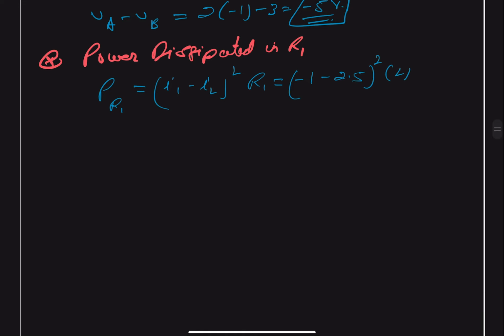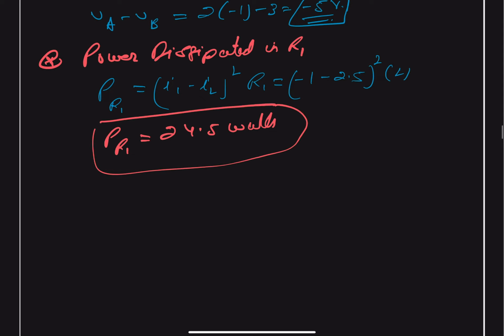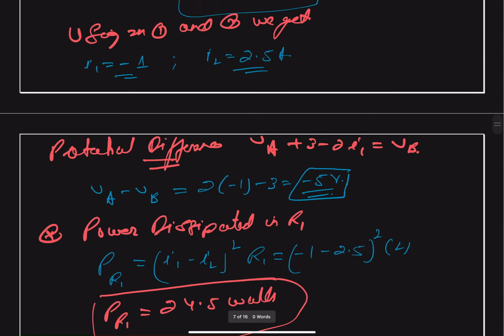So from here you get power dissipated in R1 will be equal to 24.5 watts. So this was our first part, A part rather.